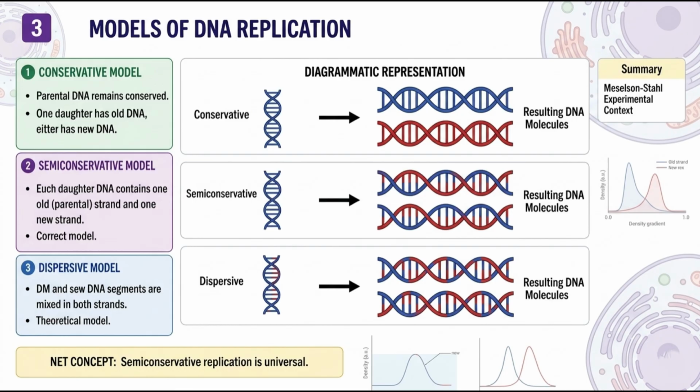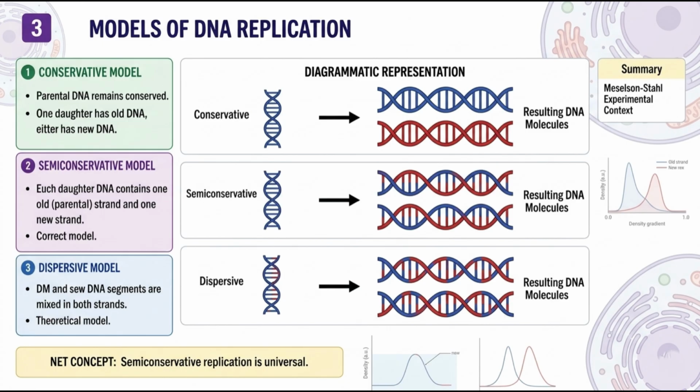The second model was the semi-conservative model. In this model, each daughter DNA molecule contains one parental strand and one newly synthesized strand. The third model was the dispersive model. According to this model, parental and newly synthesized DNA are interspersed in both strands.